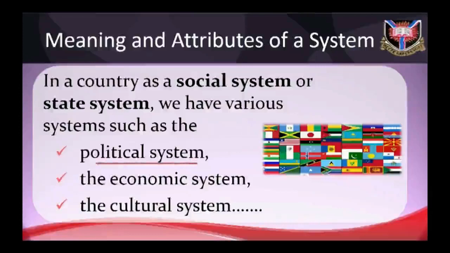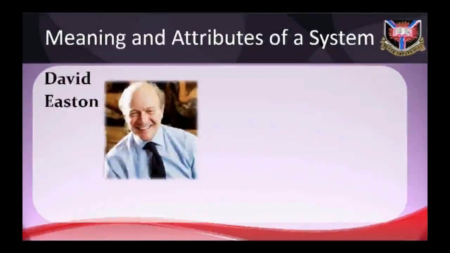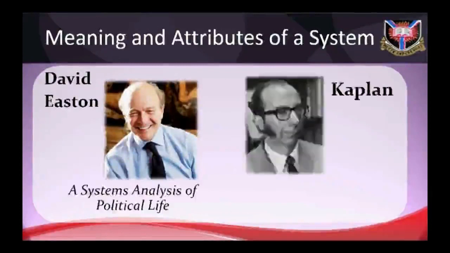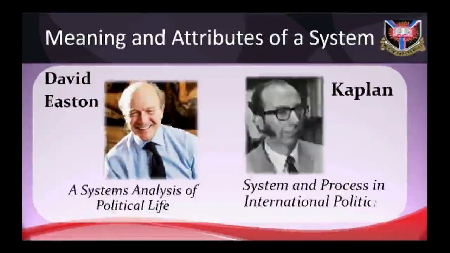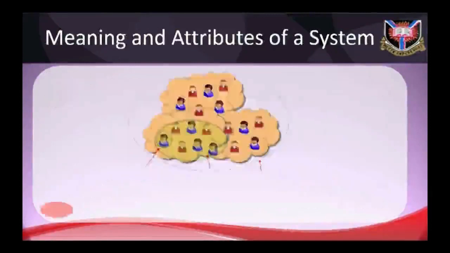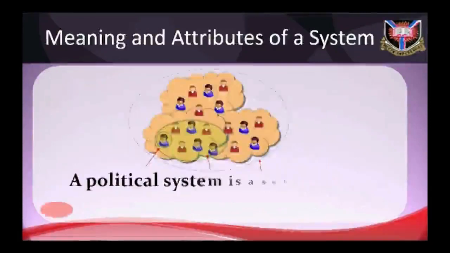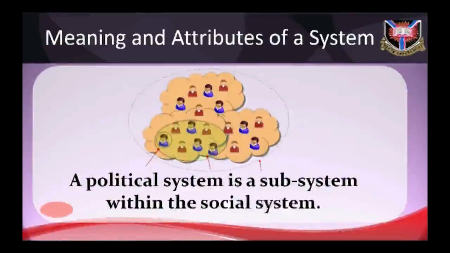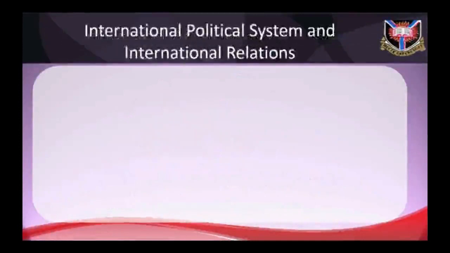From the explanations of David Easton in A Systems Analysis of Political Life and Kaplan in System and Process in International Politics, a political system is a subsystem within the social system. That is to say that political system is a component part of the social or state system.